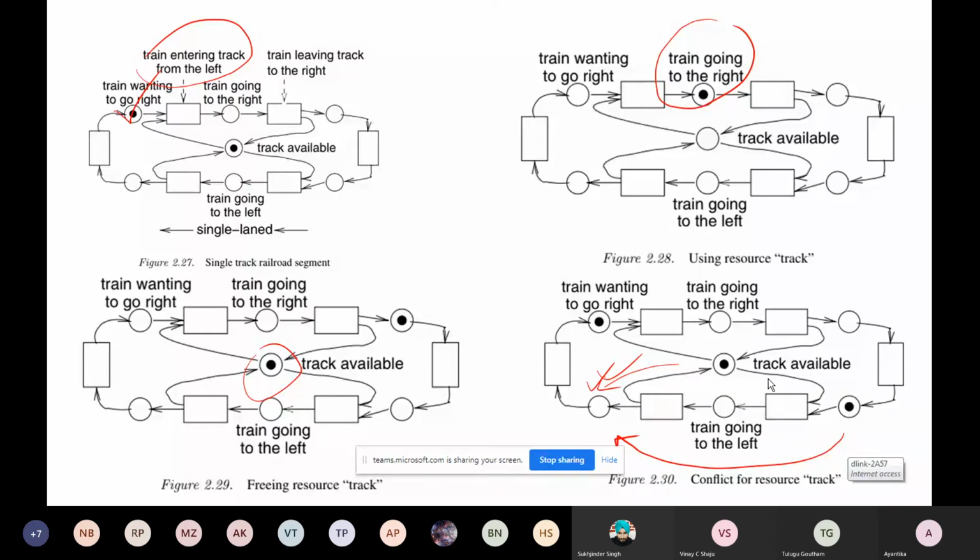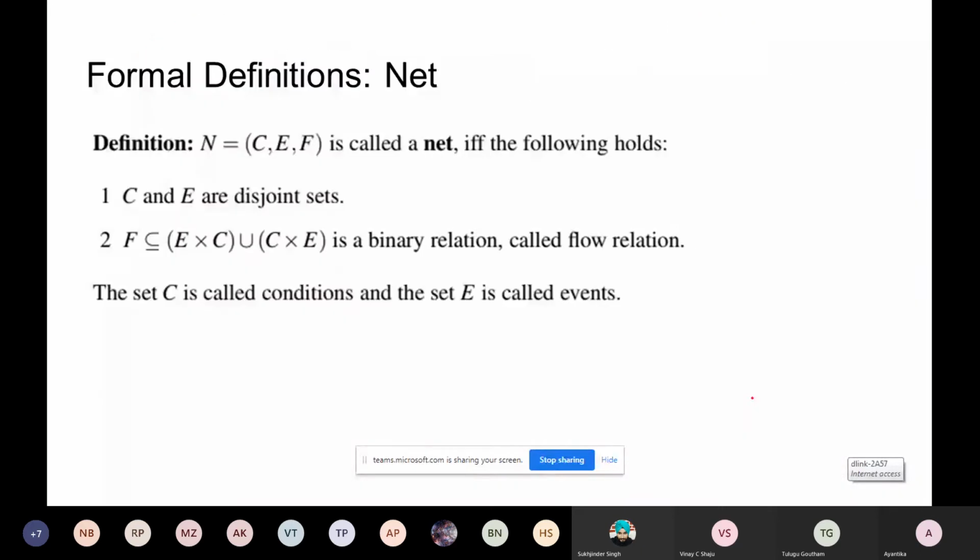Not exactly in this direction, some other directions are there. We will come back to this example. So Petri-net is also very useful for collision detection. But the main idea is that Petri-net is all about state transitions related to events. We will see the formal definitions, and then with some examples we'll see how that works.